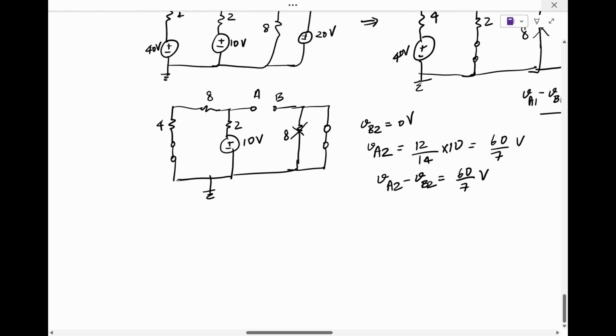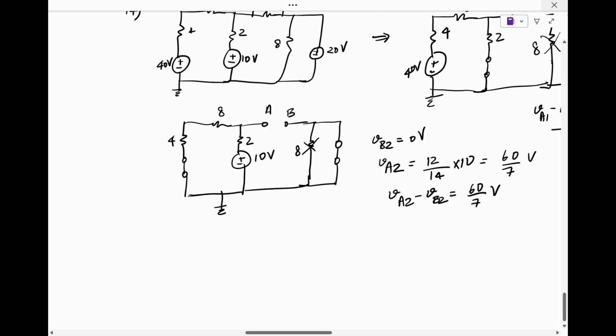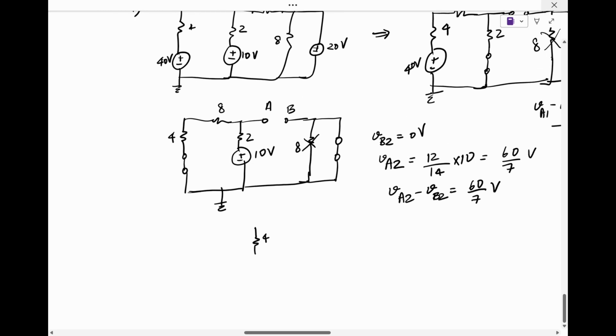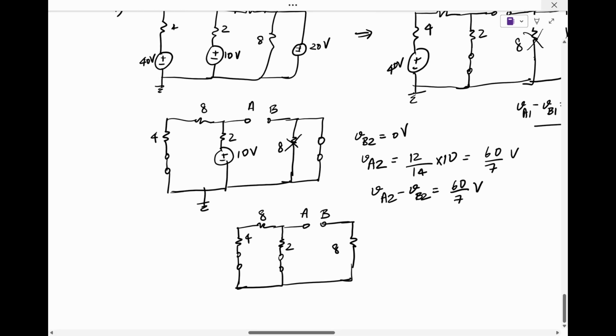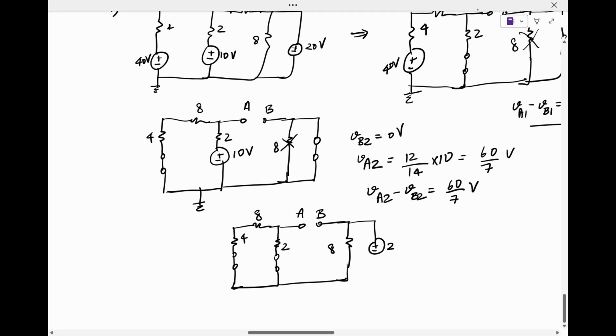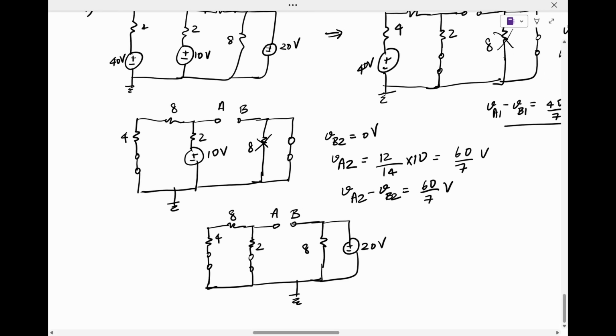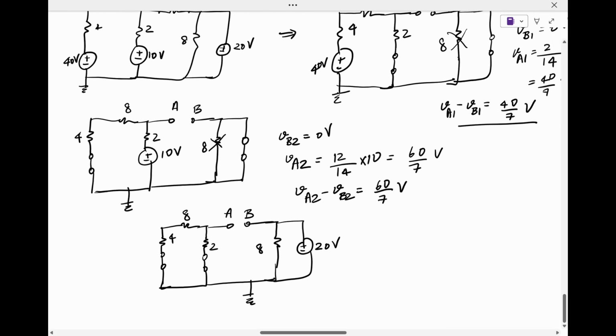Now let's do the final voltage source. So we have a short. From this we can see that VA3, right, here it's not directly connected to the voltage source.